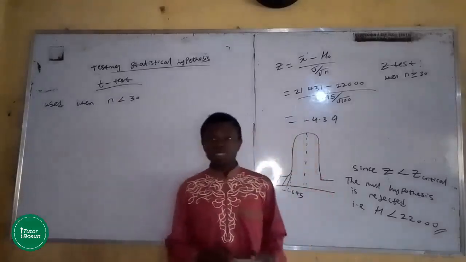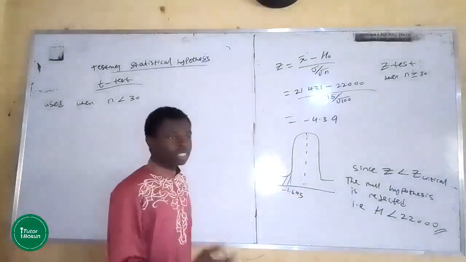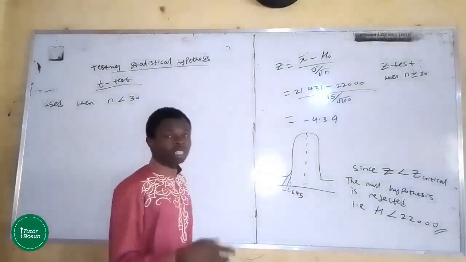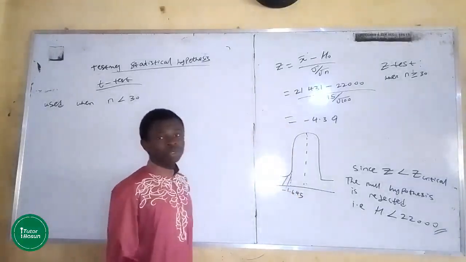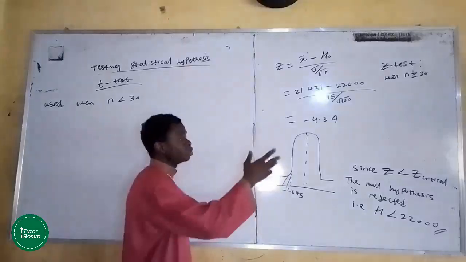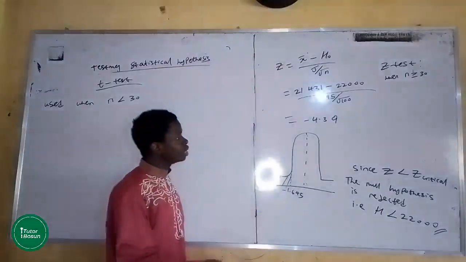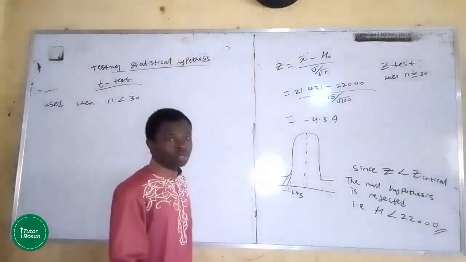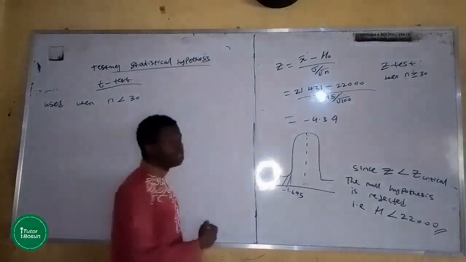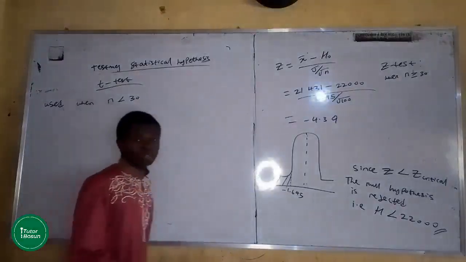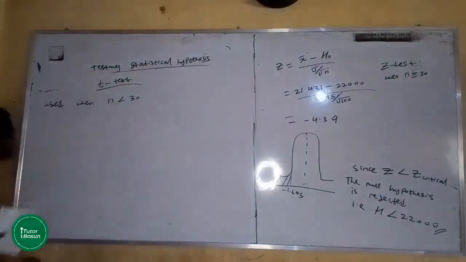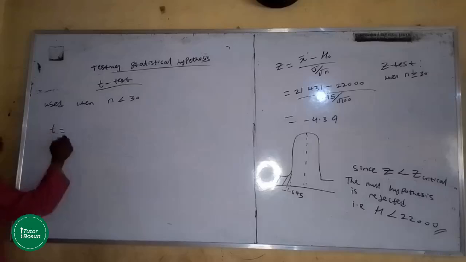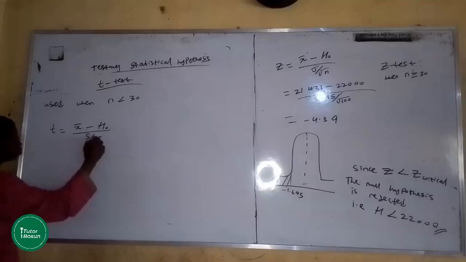So in some questions, you might be told the kind of test you are to use. But if you are not given the kind of test in the question, you check your n. Is it greater than or equal to 30? If it is, you make use of z-test. And if it is less than 30, you make use of your t-test. So in t-test, the formula is given as t equals x bar minus mu naught over s divided by square root of n.